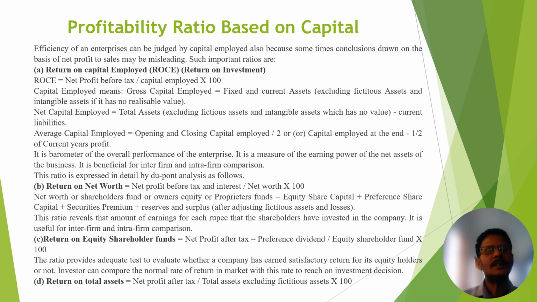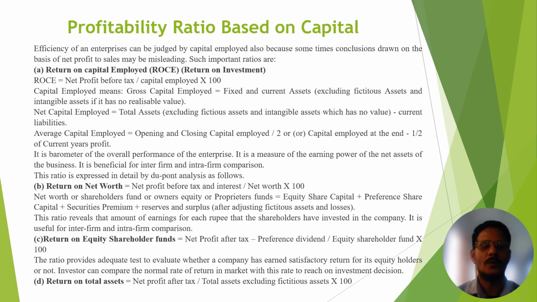The next one, return on equity shareholder fund. For return on equity shareholder fund, you can use this formula: net profit after tax minus preference share dividend divided by equity shareholder fund, then multiply 100. Using this formula, you can calculate return on equity shareholder fund.